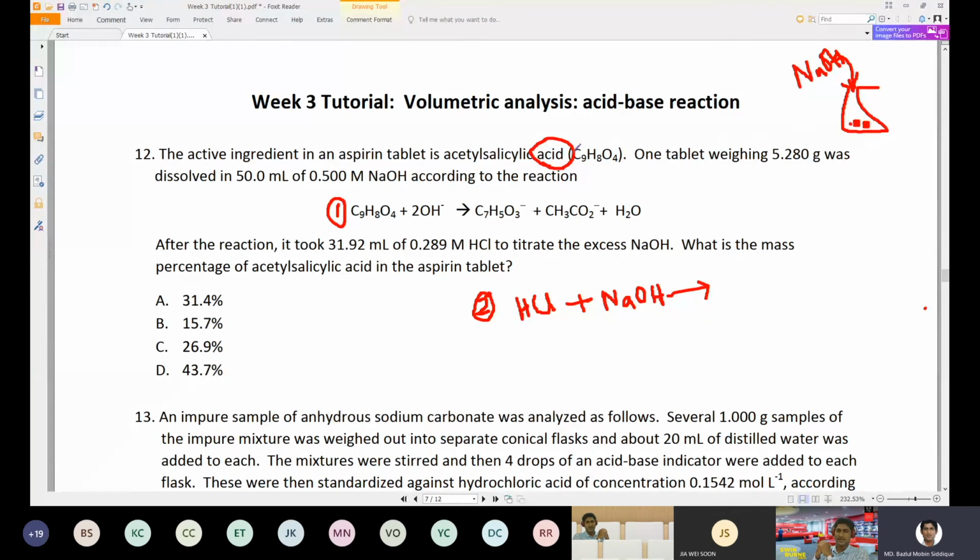Why do I have to use excess? Because this acetyl salicylic acid inside the aspirin tablet is bound with many other binders and other stuff to make it a tablet. Not 100% of the white tablet that we see is the active ingredient. Altogether makes the tablet, but I don't want to know altogether. I just want to know how much acetyl salicylic acid there is.